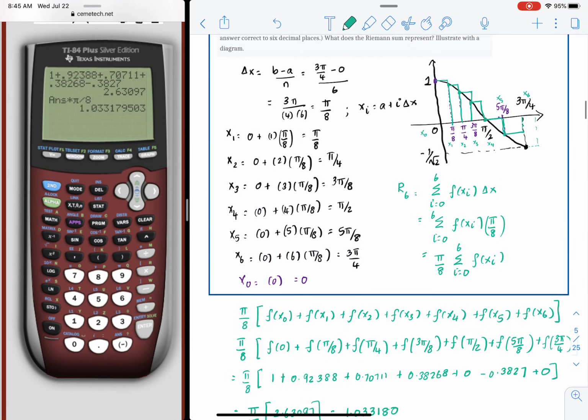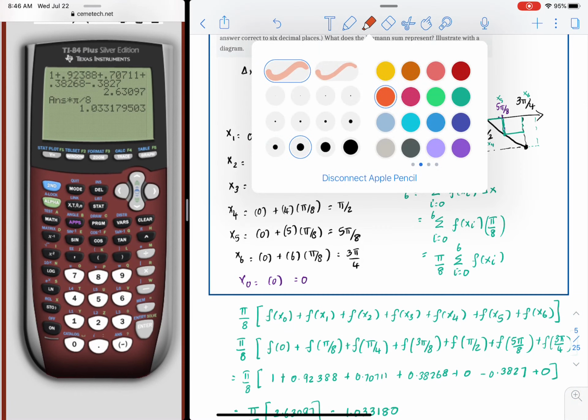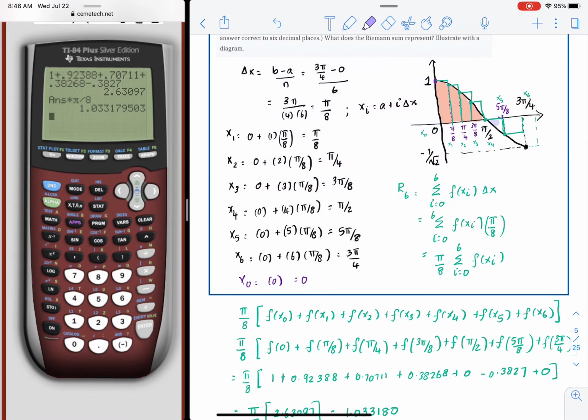Now, what does this tell us? This simply is giving us an approximation of the area here minus the area there.